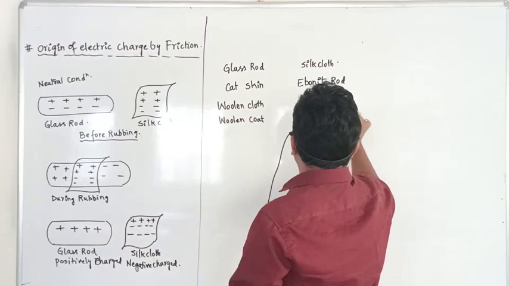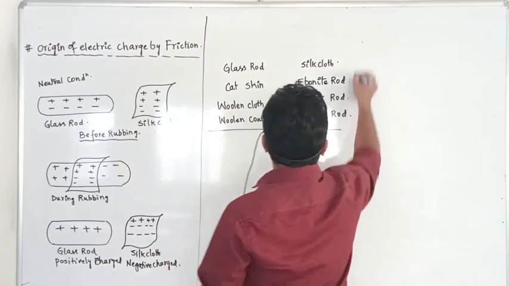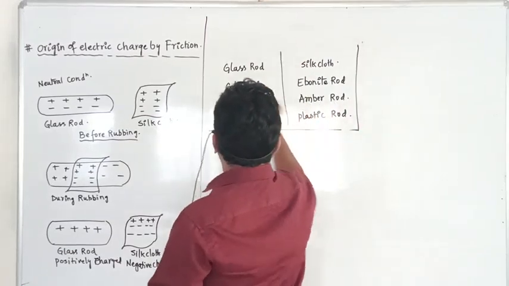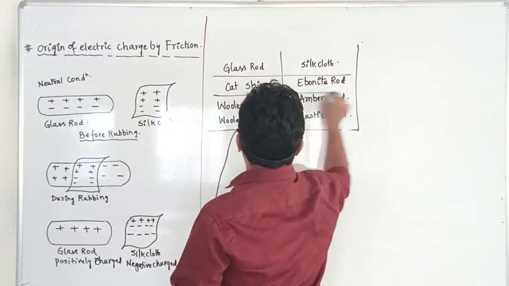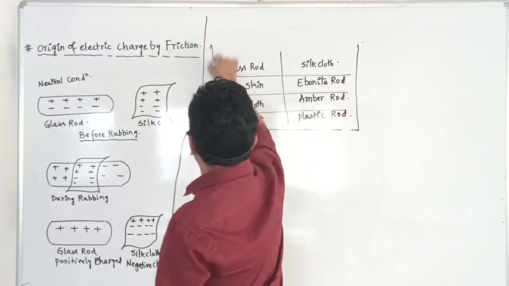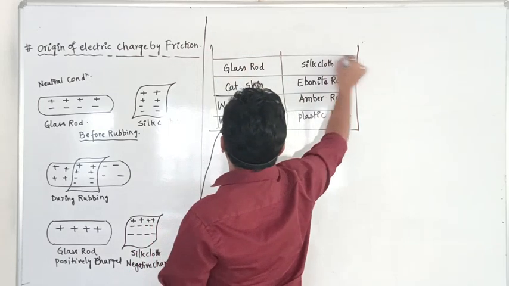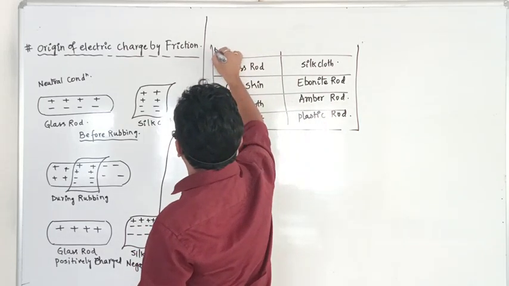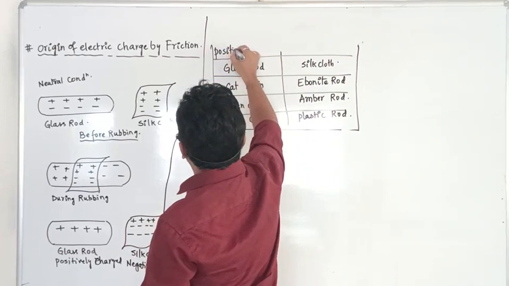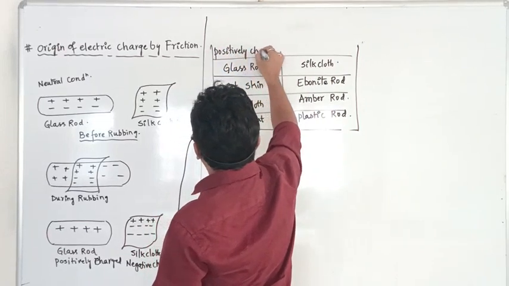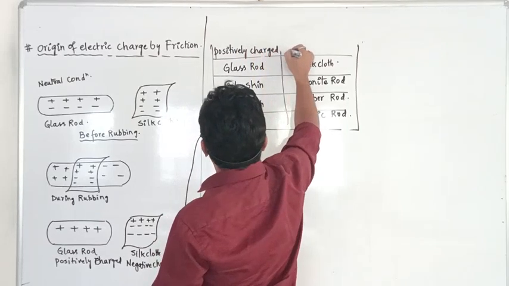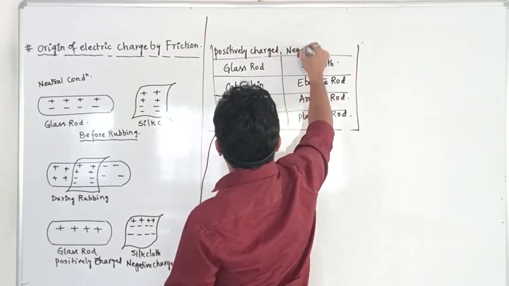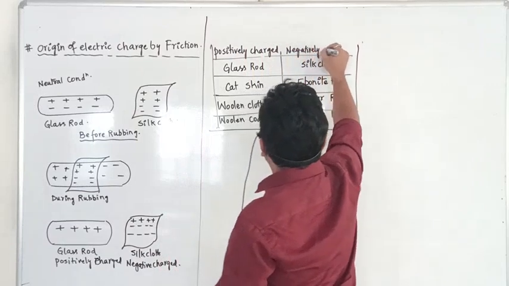See, whenever these two bodies are rubbed against each other, the right side of the table gets positively charged, and this one gets negatively charged. What does that mean? Negatively charged.